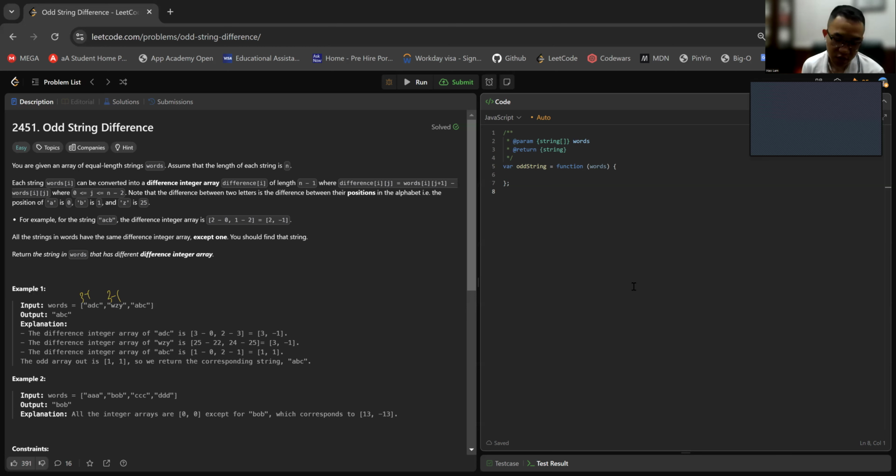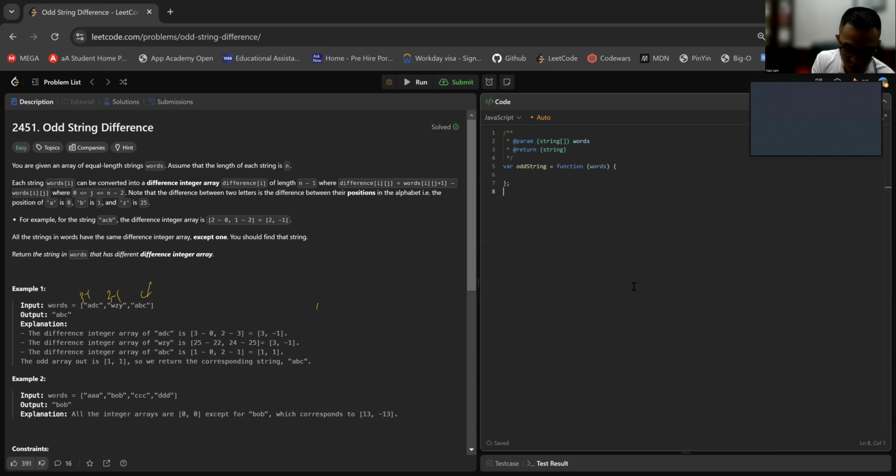For example, say we found the difference of 1 and 1 when we get to this word ABC. We check our hash map, and this 1, 1 difference has appeared for the first time, which means this word has a different difference.